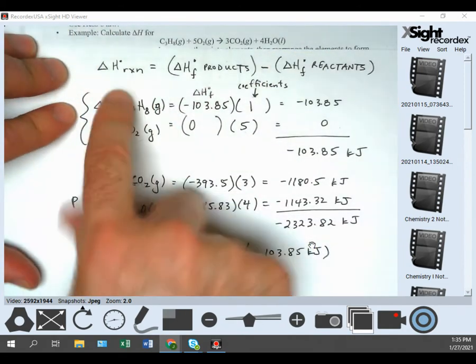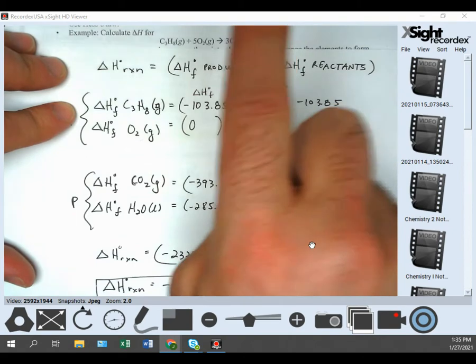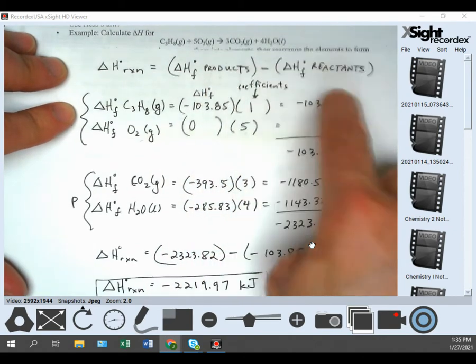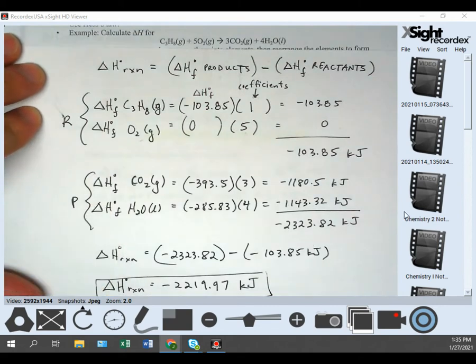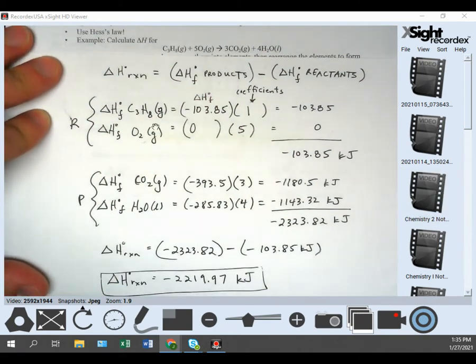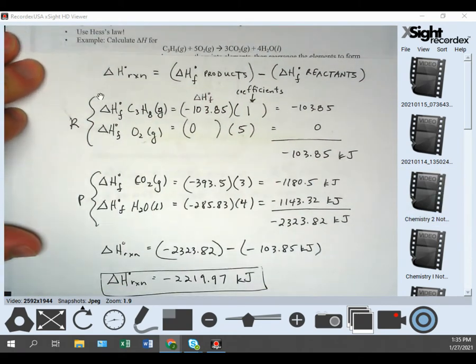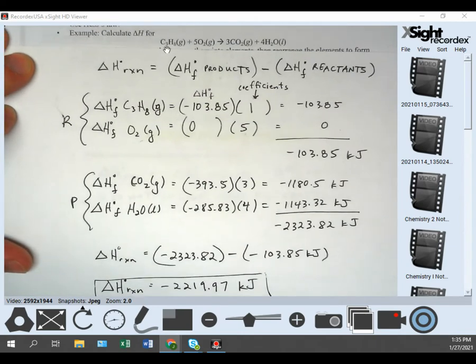To find the delta H of the reaction, we're taking the delta H formation of the products minus the delta H formation of the reactants, right? So look what I have here. The reactants are these, right? C3H8 gas and the 5 O2 gas.